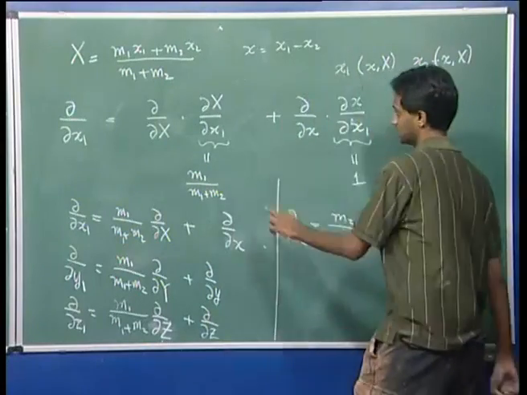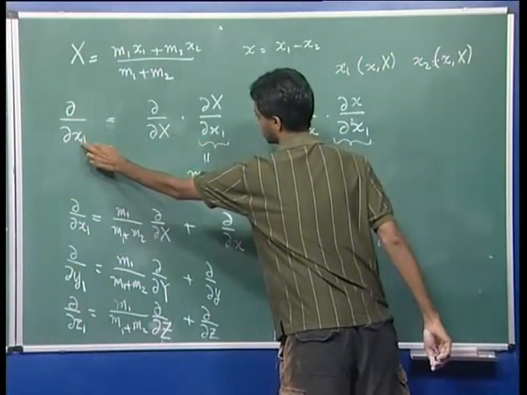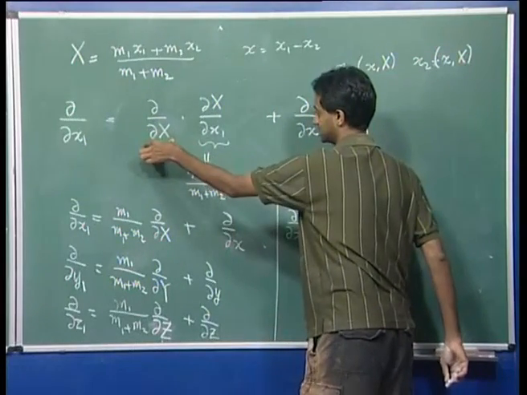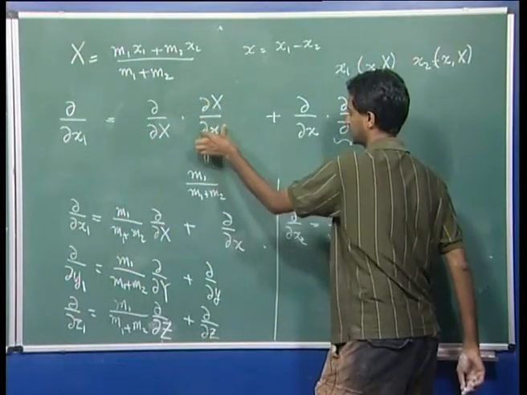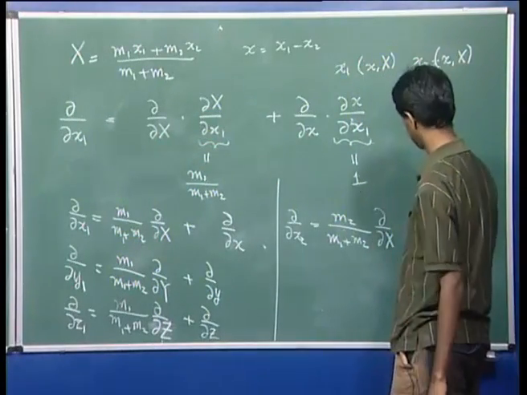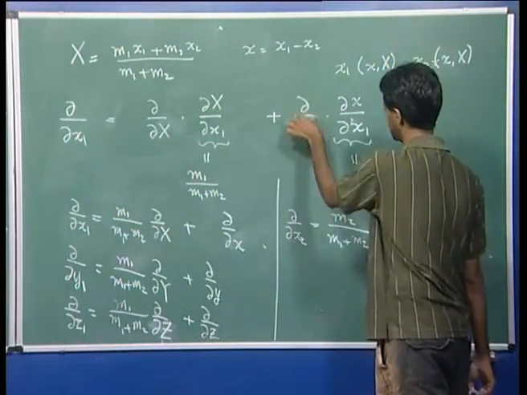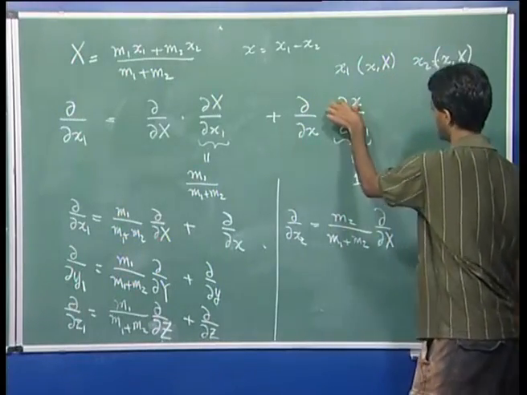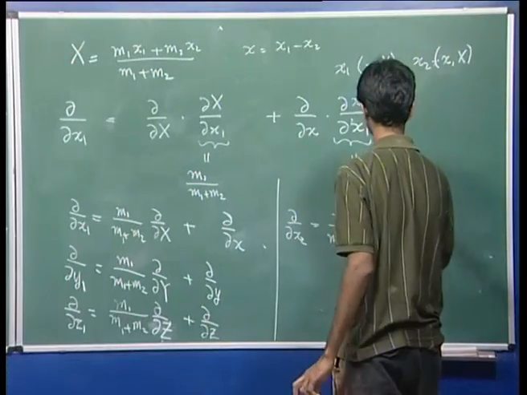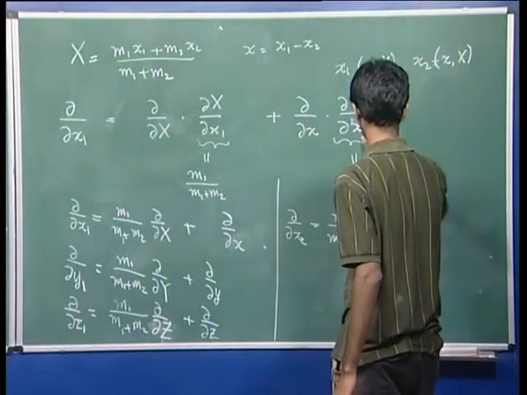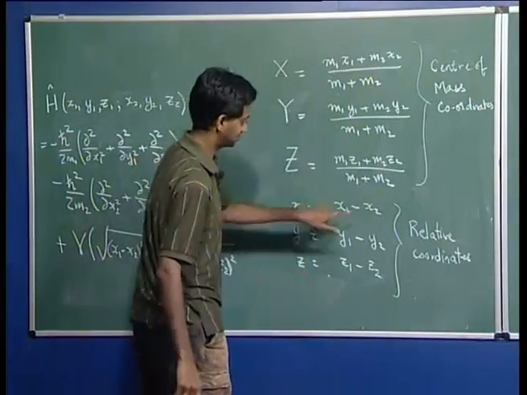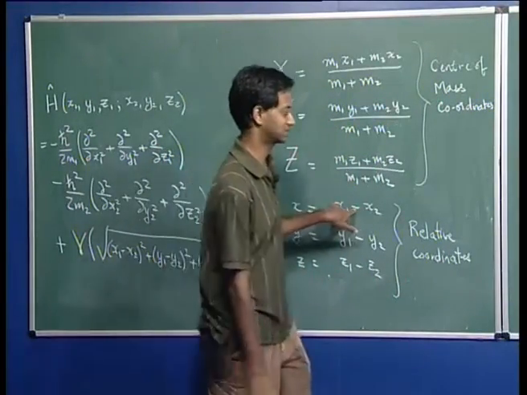So, once again, if I had x2 instead of x1, the first term would be d by d capital X into d capital X by dx2, and that is just this expression. The second term would be d by d small x into d small x by dx2, and if you look at this expression and take the derivative with respect to x2, you will just get minus 1.